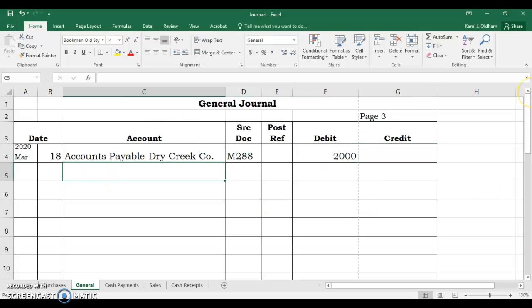Our credit is going to be notes payable. Notice that I indented just slightly. So remember, on the general journal, we always start with the debit first, and then we do the credit. And I indent just slightly on there, and we're going to have a credit of $2,000. Okay, so that's for our extension of time.